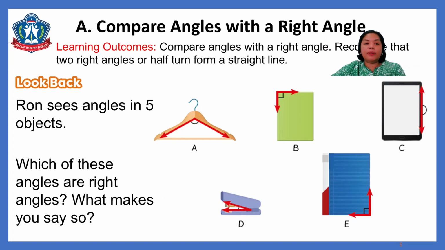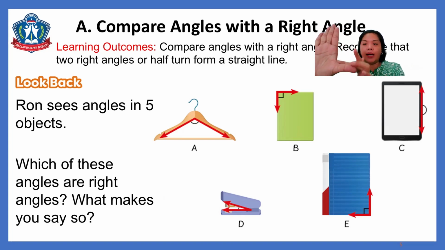Okay, which of these objects has the right angles? Remember, a right angle, P3, you can form a letter L. It should be straight like that.